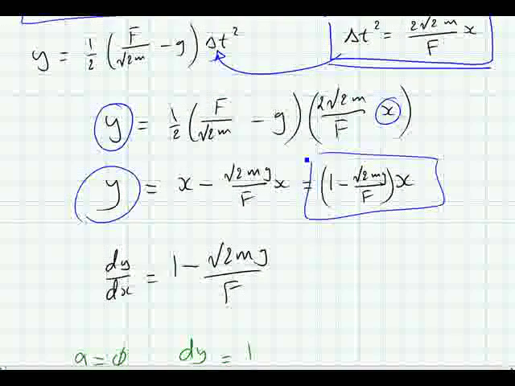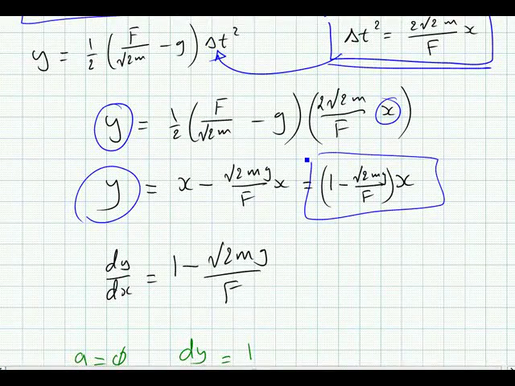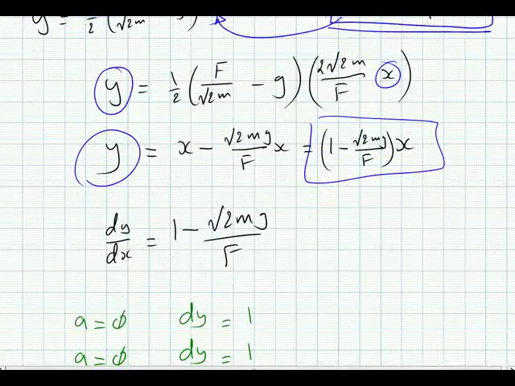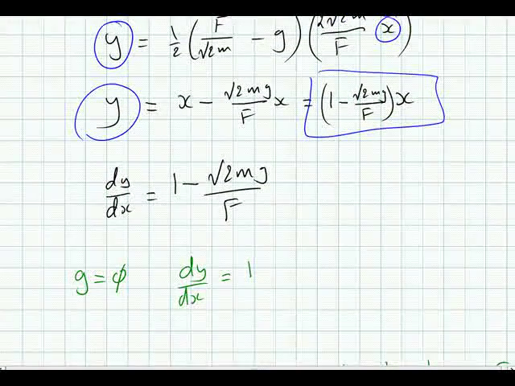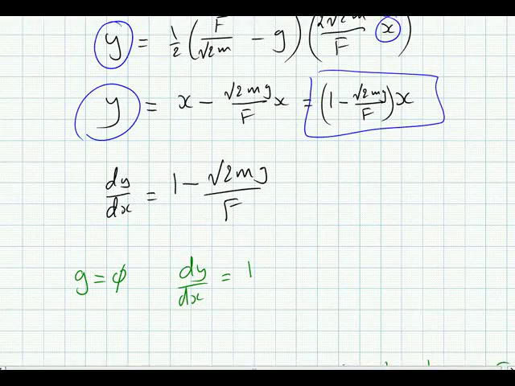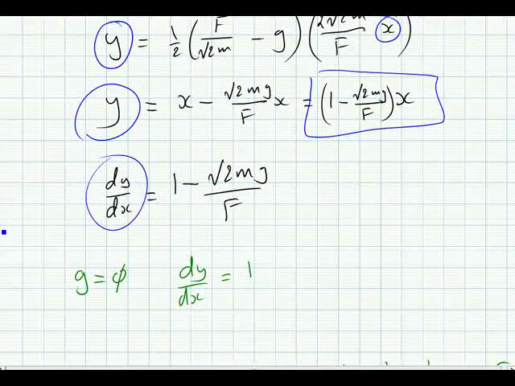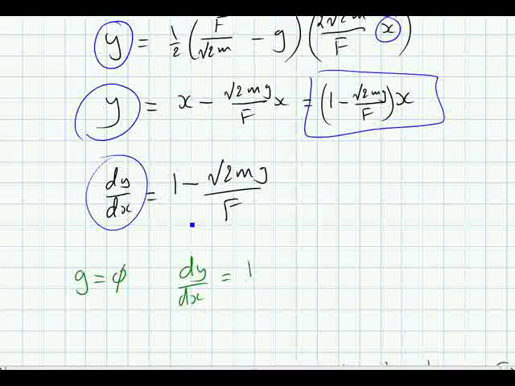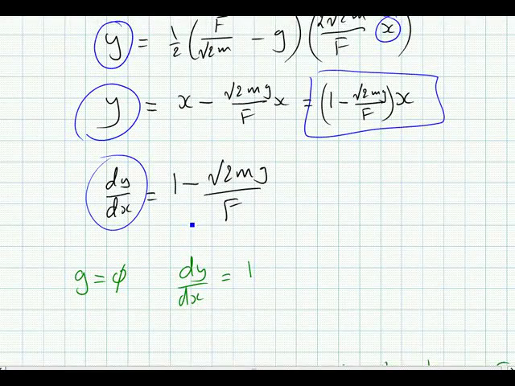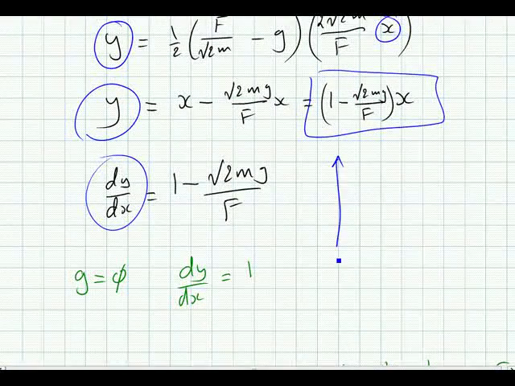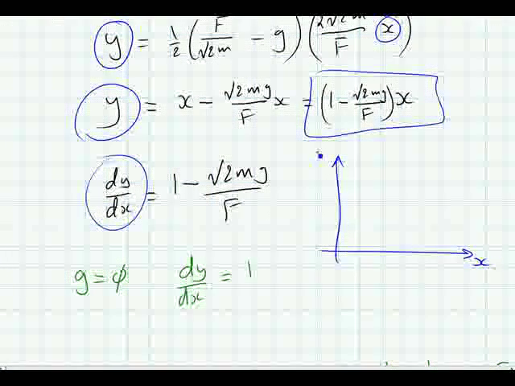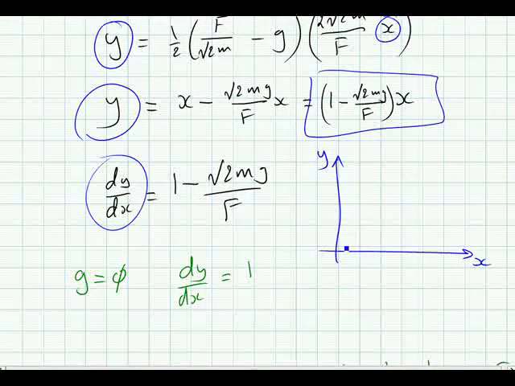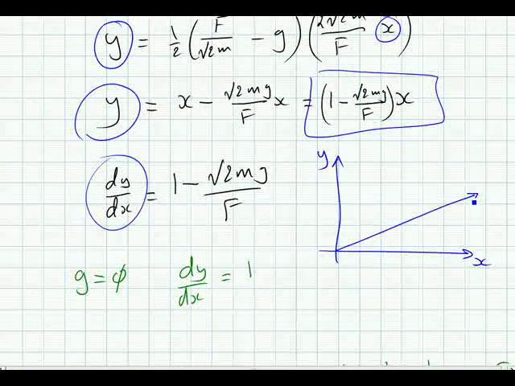So now if you're interested, for example, in finding the direction of the object at any time, what we can do is take the derivative of this expression, dy/dx, which is simply 1 minus root 2 mg over F, and what this says is that in my xy coordinate system the object would move in a straight line.